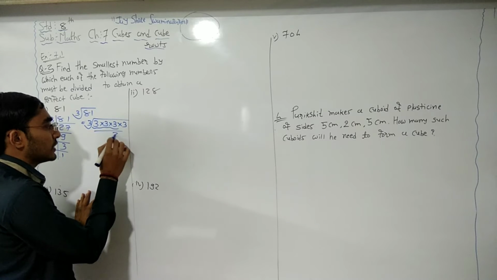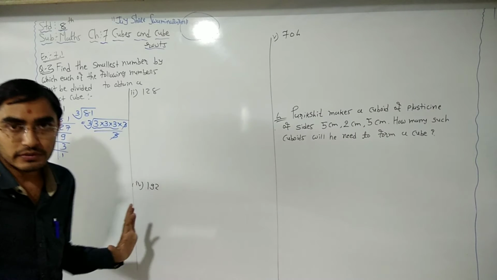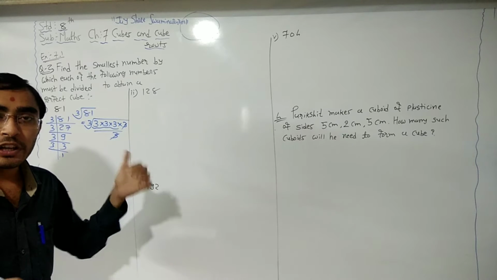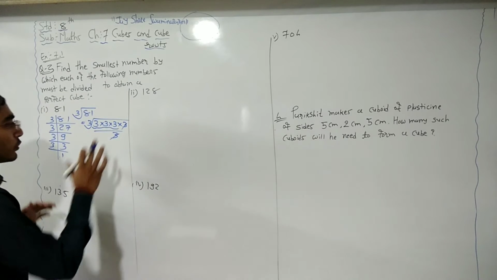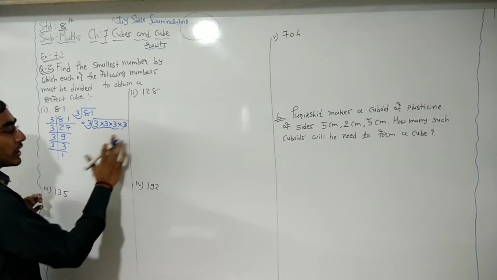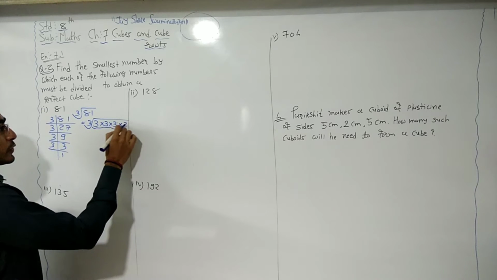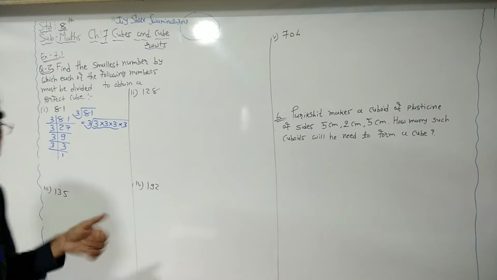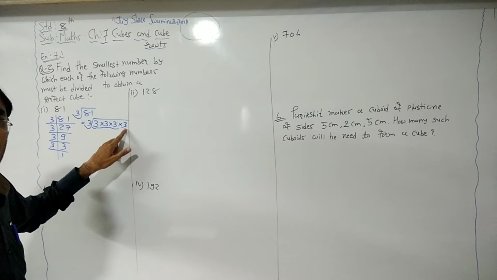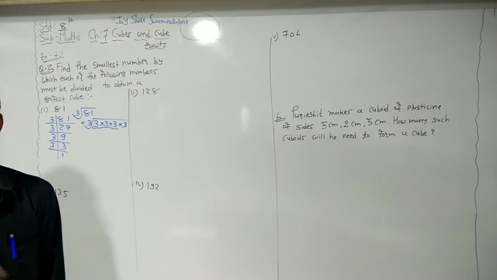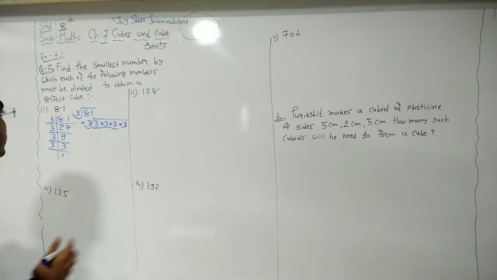If we divide the number by 3, then this 3 is cut, and 3 times 3 remain, so it becomes a perfect cube number. Whatever extra number we have, we need to remove it. So how can we remove it? We need to divide with the same number. So here we need to divide with 3.